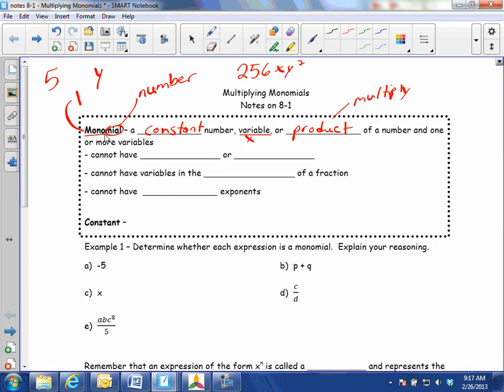A monomial cannot have addition or subtraction. If it has addition or subtraction, then it's a polynomial because we're adding more than one thing together. A monomial cannot have variables in the denominator of a fraction. Which one is the denominator? The bottom. So we can't have variables there, so no x's or y's or a's. And you cannot have negative exponents.